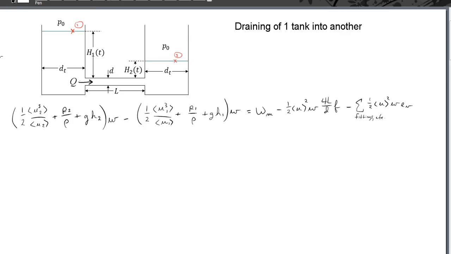But for simplicity, we'll consider the case where we're going to assume laminar flow in the pipe connecting the two tanks.